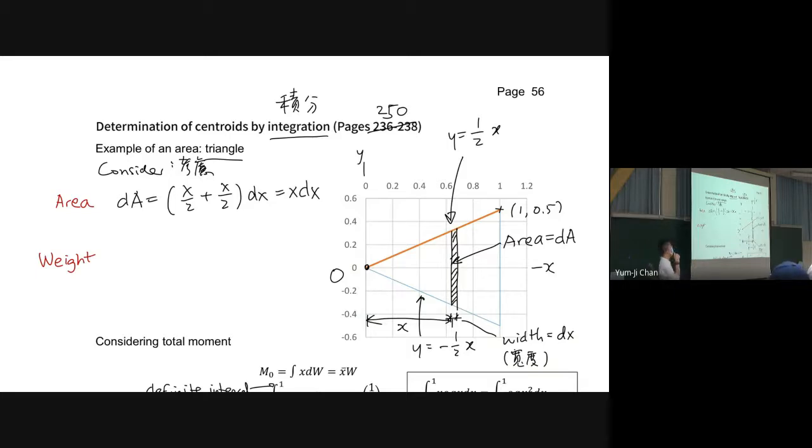So if we know the area, then we can determine the weight. But we need to know one thing first: density.